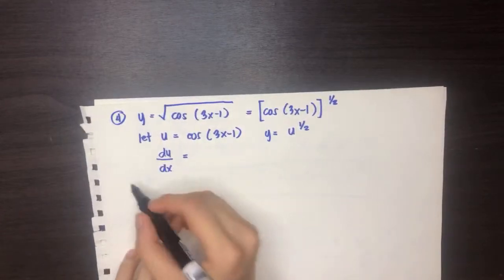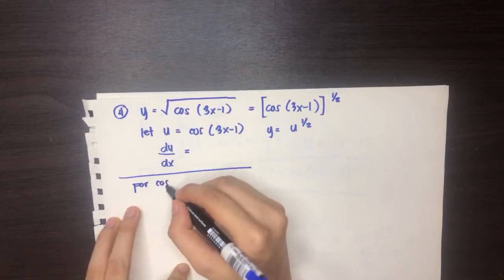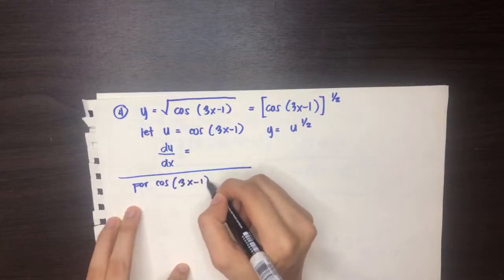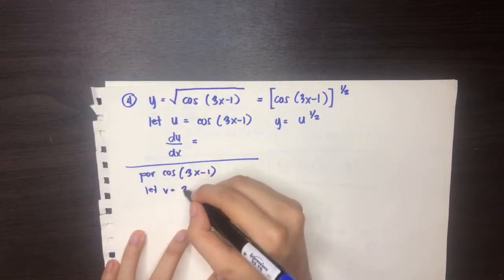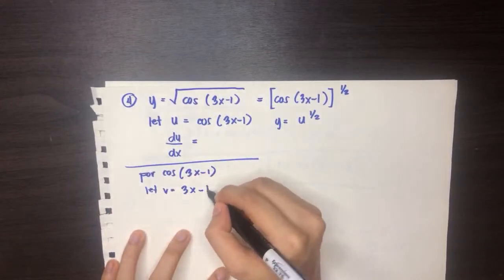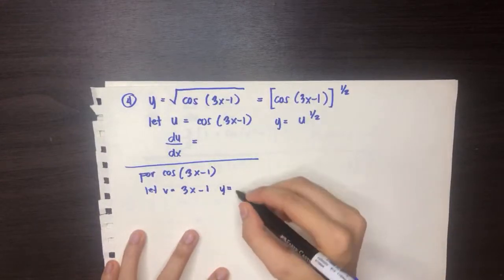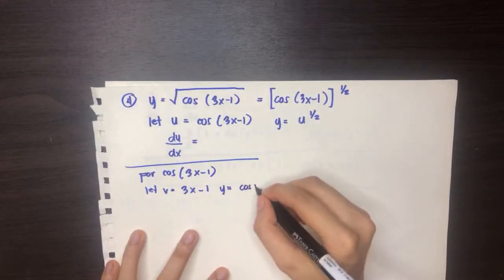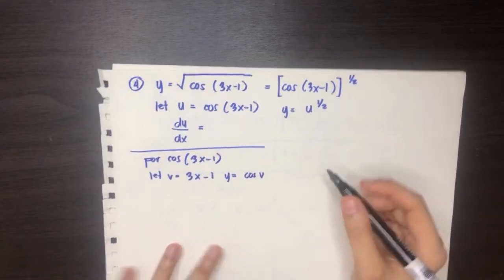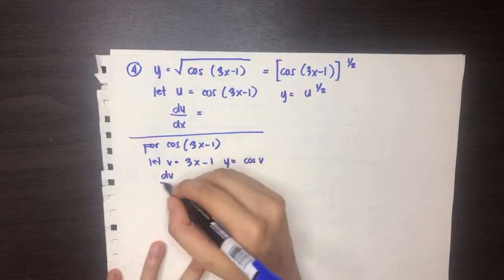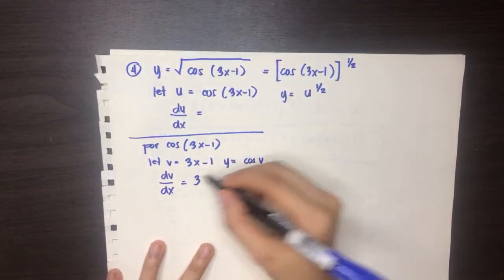So, for cosine 3x minus 1, let v equal to 3x minus 1. So, my y is cosine of v. Differentiate ko lang to. We have 3.